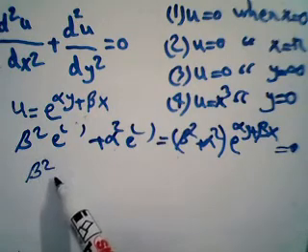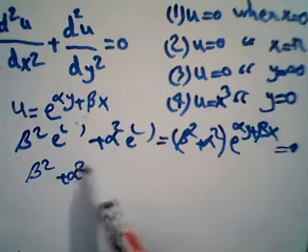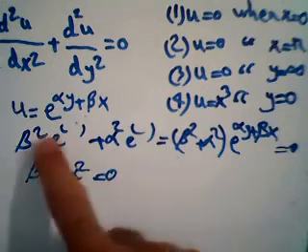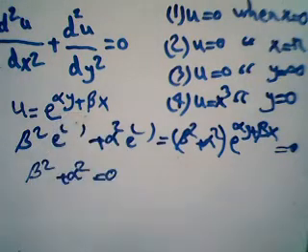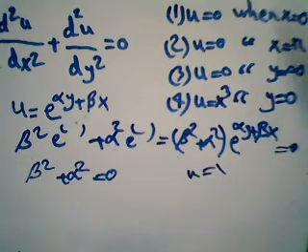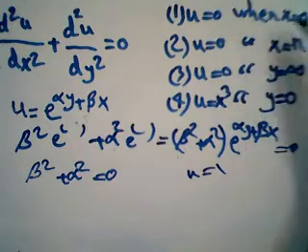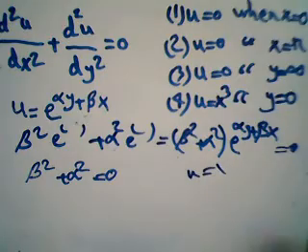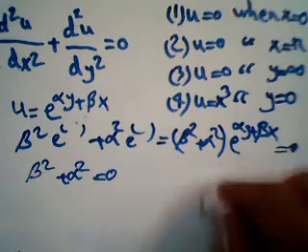Beta squared plus alpha squared is 0, then beta and alpha are both 0. So here u would be e to the 0, or 1, but u equals 1 is not a solution because u should be 0 for x equals 0, but here u equals 1. But we don't give up here.